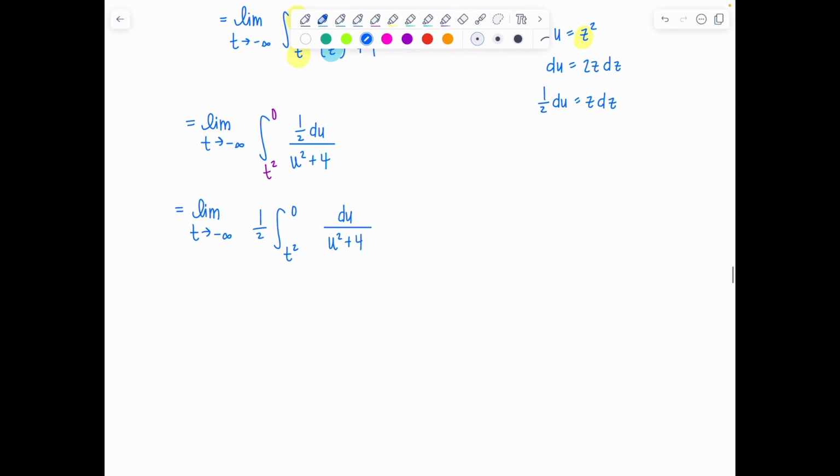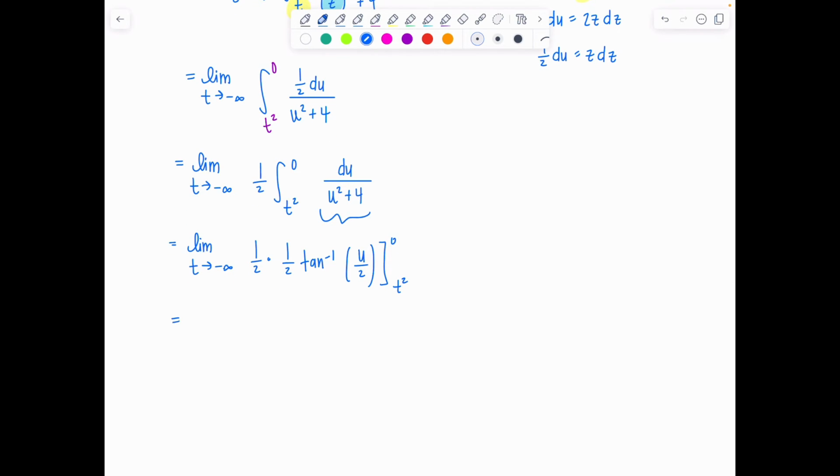You're wasting minutes that you won't get back. Limit t goes to negative infinity. Keep that 1/2. Then antiderivative here would be another 1/2 tan inverse u over 2, evaluated from t squared to 0. Beautiful. Beautiful. So what's going on now? Limit t goes to negative infinity.